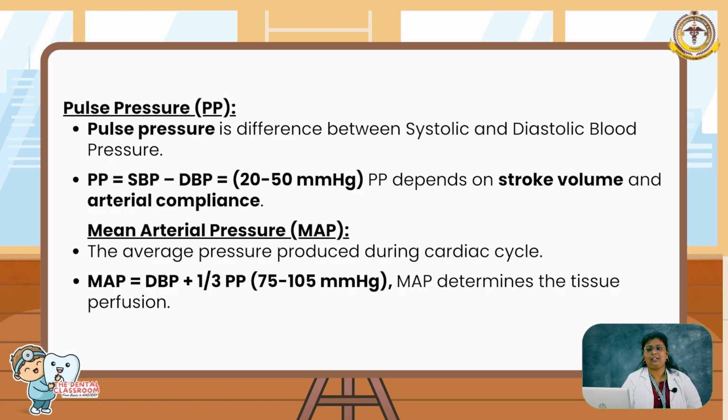Next is mean arterial pressure. This is the average pressure calculated during one cardiac cycle. Mean arterial pressure is equal to diastolic blood pressure plus 1/3 of the pulse pressure. It should fall between the range of 75 to 105 millimeter of mercury. This is decided by the tissue perfusion in the body.